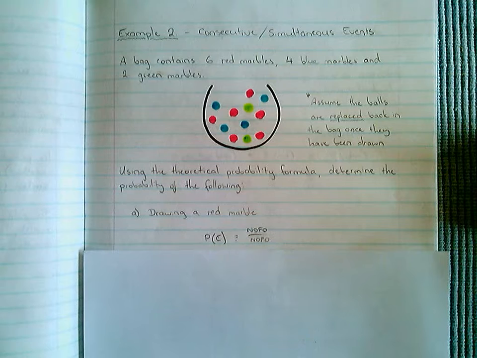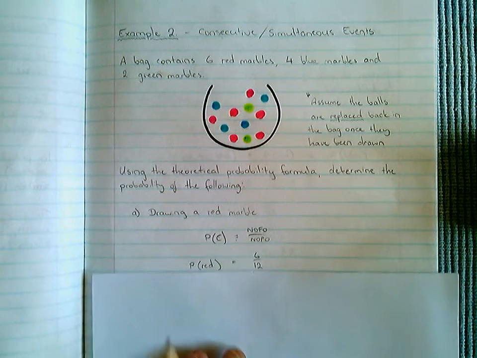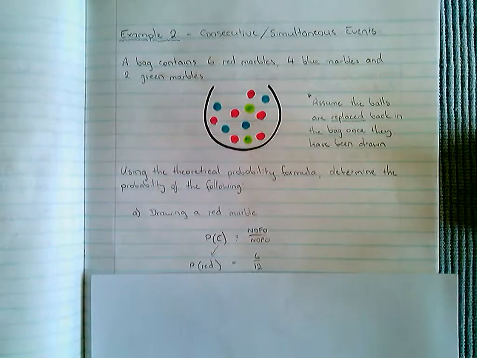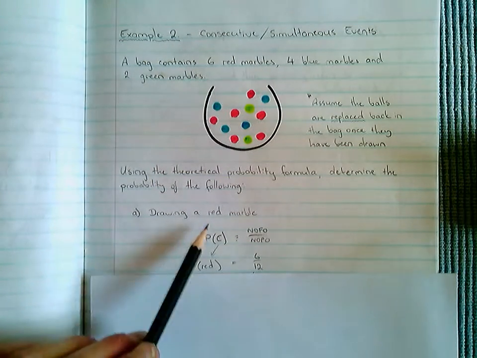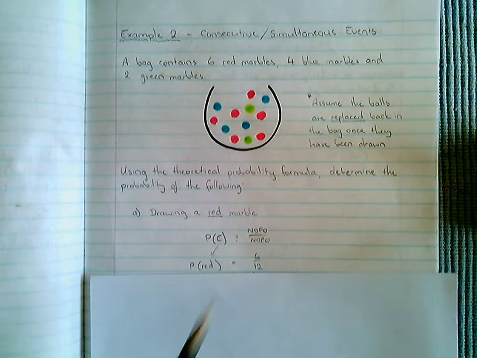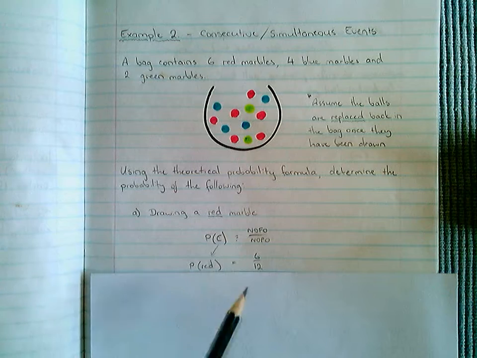Once we've established our formula and the process for solving this particular question, we substitute into that formula. What we're substituting in particular is our event, which in the question is a red marble. The number of favourable outcomes in this question refers to the number of red marbles in the bag.